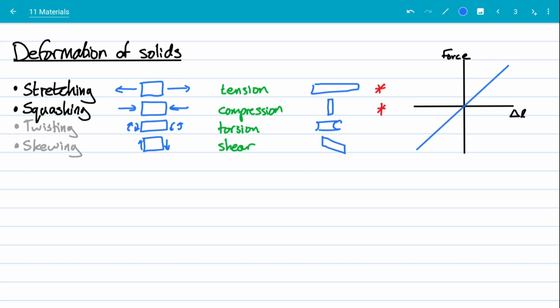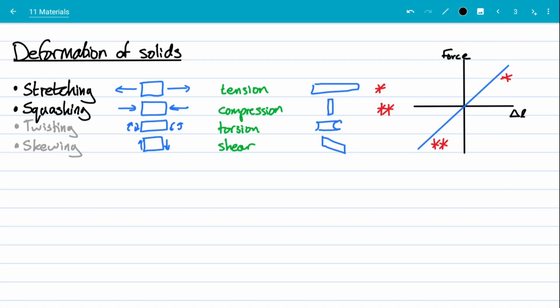But actually it can carry on. So we'll have our extension over here, and we'll have our compression over there. Just like that. But it's still a straight line, so Hooke's law still applies in both directions. That's just an important thing to bear in mind.